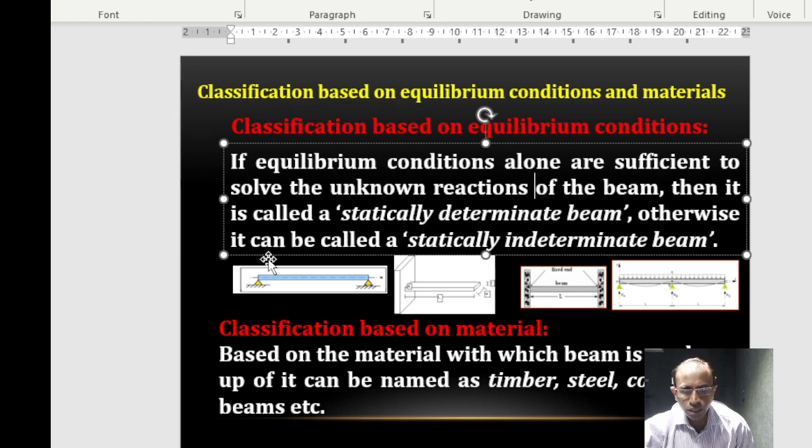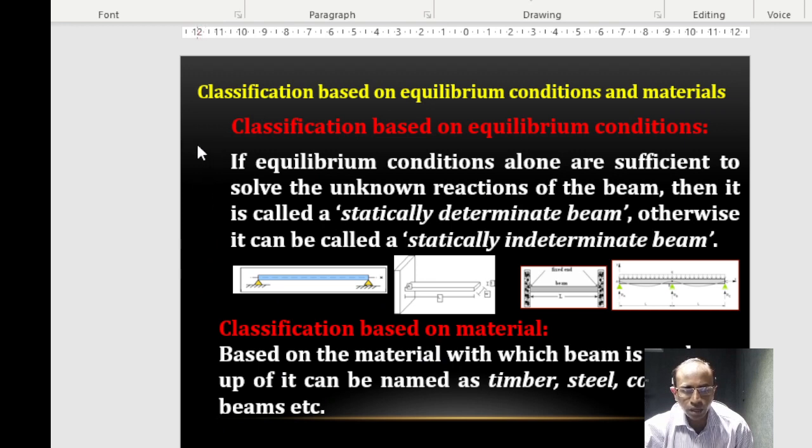We all might be aware that there are three equilibrium equations. If it is a two-dimensional problem, there are three equations: sigma Fx equal to 0, sigma Fy equal to 0, and sigma Mz equal to 0.